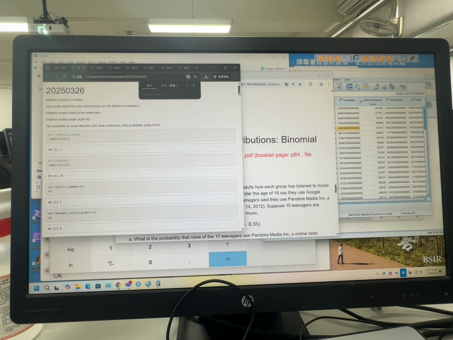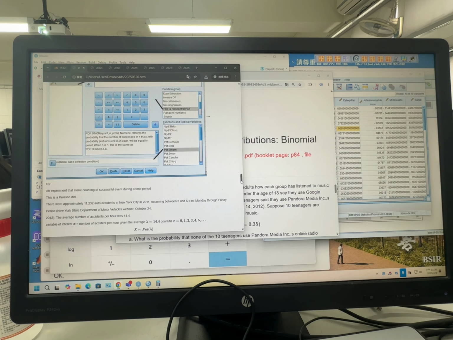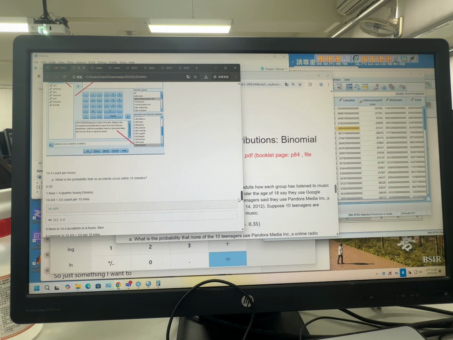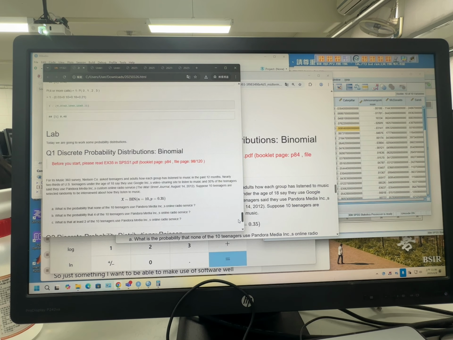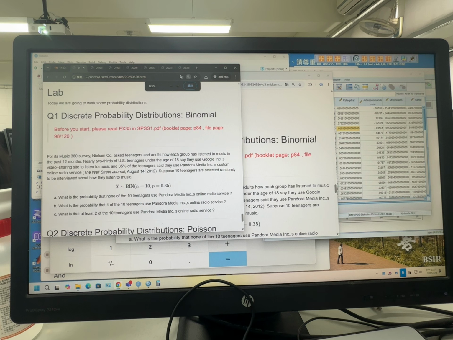So it's just something I want you to be able to use the software. There are many things inside the mathematical probability, but we just need to specify the parameters in the probability family. And here, what you need to specify for this question is a binomial, and it has two parameters. One is n, the other is p.